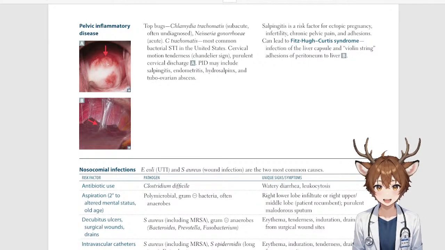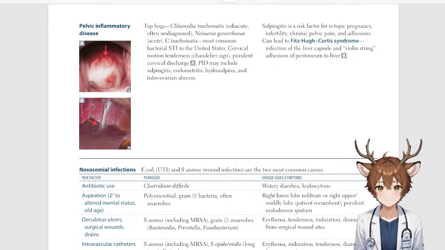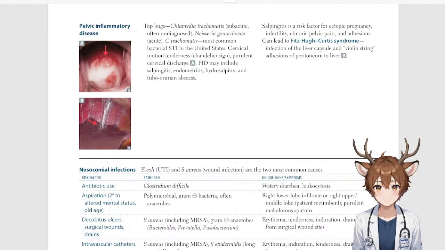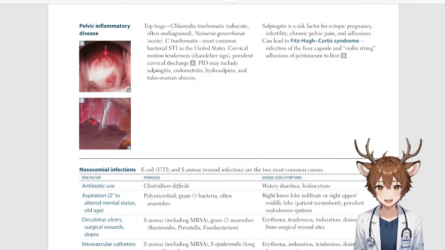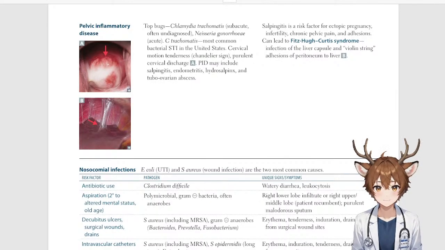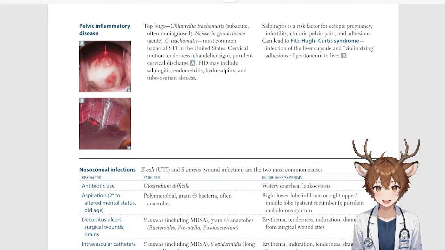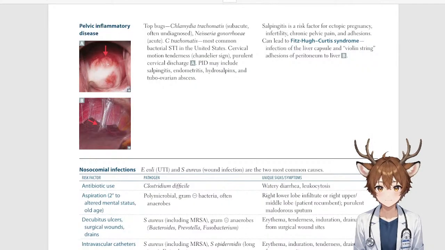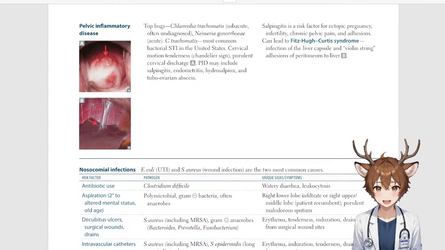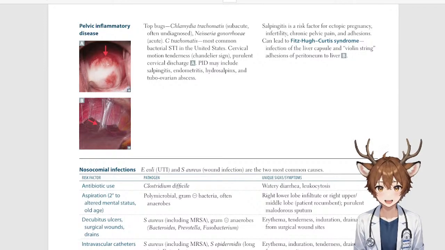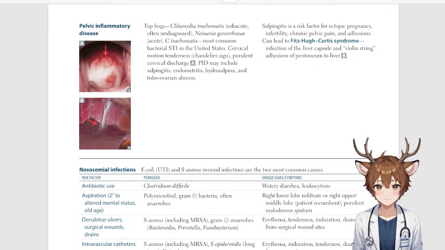Top bugs would be Chlamydia trachomatis, subacute and often undiagnosed, and Neisseria gonorrhoeae, acute. Chlamydia trachomatis is the most common bacterial STI in the United States. Salpingitis is a risk factor for ectopic pregnancy, infertility, chronic pelvic pain, and adhesions. It can lead to perihepatitis, Fitz-Hugh-Curtis syndrome, infection and inflammation of the liver capsule, and violin string adhesions of the peritoneum to the liver.